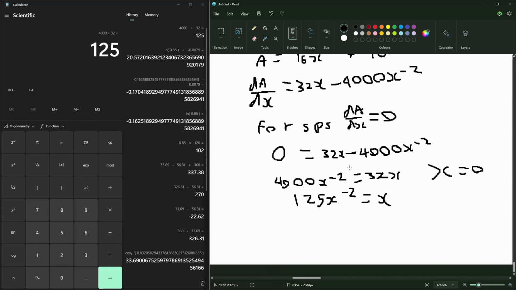I'm going to divide everything by x to the minus 2, right? So 125 equals x over x to the minus 2, and since we're dividing by a negative power, we add on, so it'd be 125 equals x cubed. So yeah, there we go. That means that x can also equal 5.